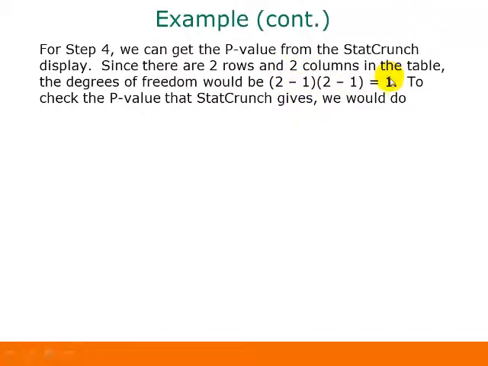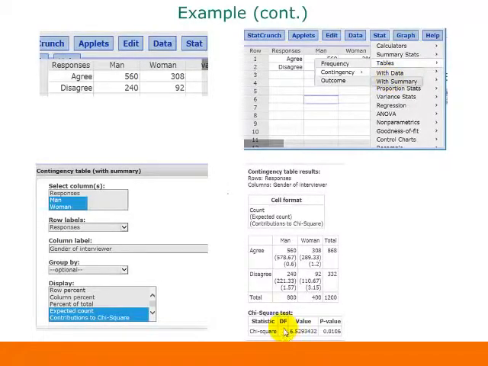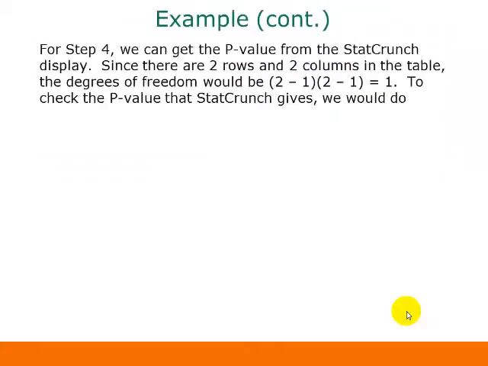So our degrees of freedom, if we look back here, was just 1. If we want to check the p-value that StatCrunch gave us, on our calculator we'd use chi-squared CDF. We put in the test statistic first and then a big positive number since this is a right-tailed test, and then we put in our degrees of freedom, and on the calculator this gives us 0.0106, which matches with what StatCrunch gave us.